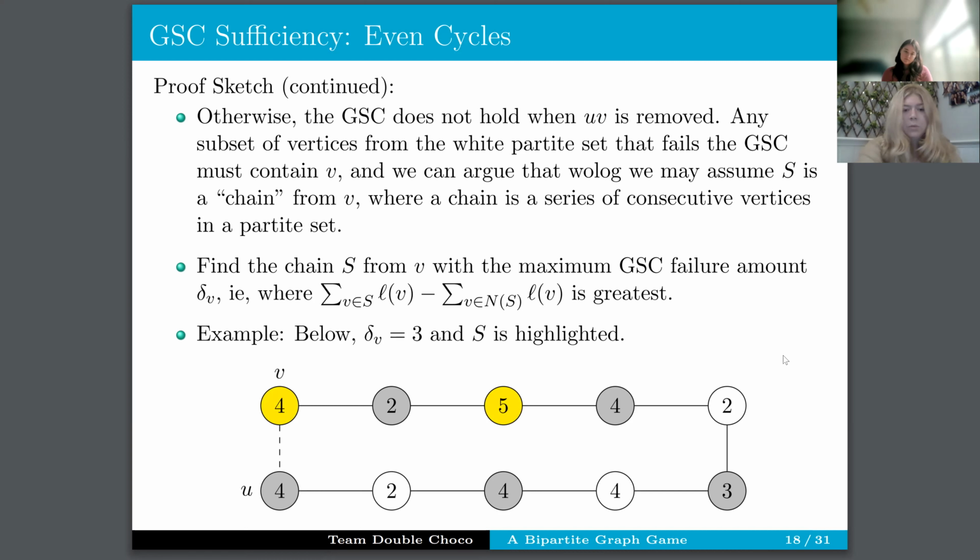So in our example below, our maximum generalized sum condition failure is equal to 3, and that occurs with these vertices here that are highlighted, where the sum of its labels is 9 and the sum of its neighborhood is only 6. So there's a difference of 3.